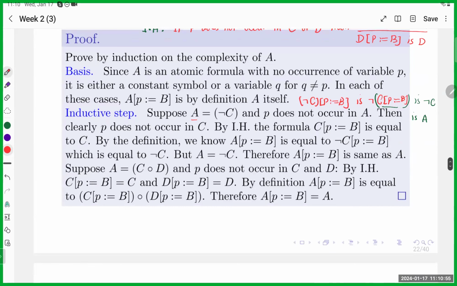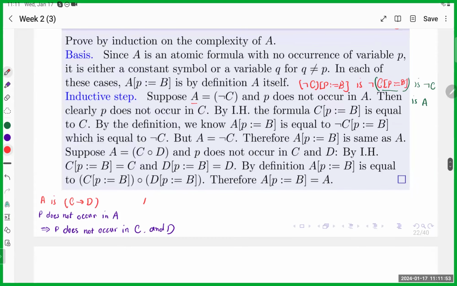Now here, for when A is C implies D. Now, P does not occur in A. It means P does not occur in C and D. It doesn't occur in any of these two formulas.